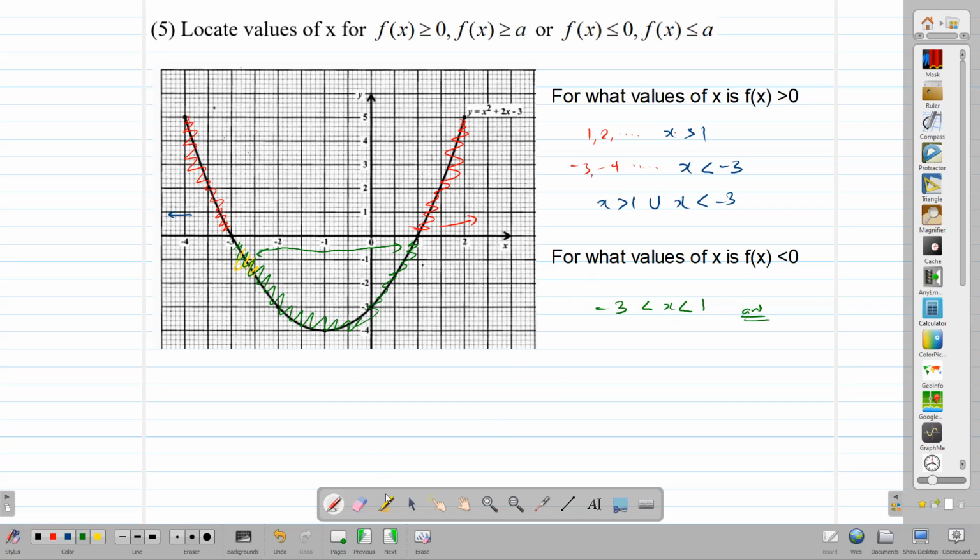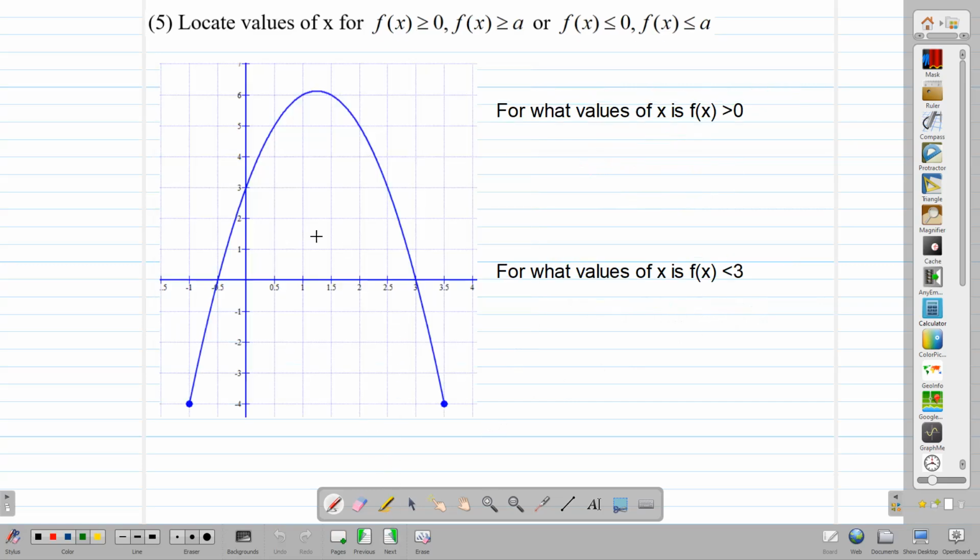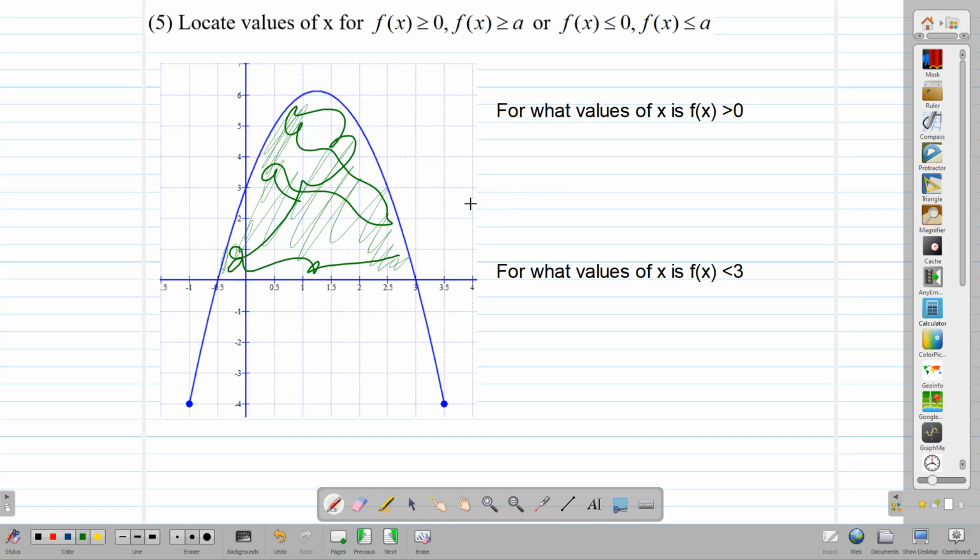Let's try this idea again with another question. Here, we want to find the values of x for which the function is greater than 0. All the values up on this side of the graph, everything up here is positive. This part of the graph is above the x-axis, so everything is greater than 0. So what x numbers give us that?